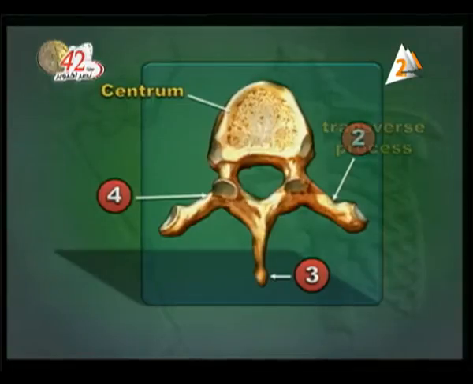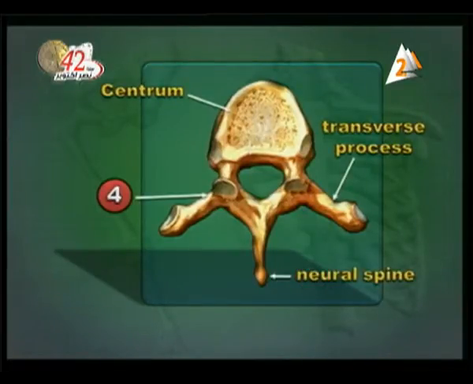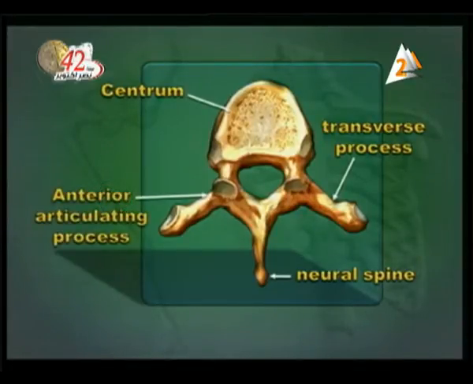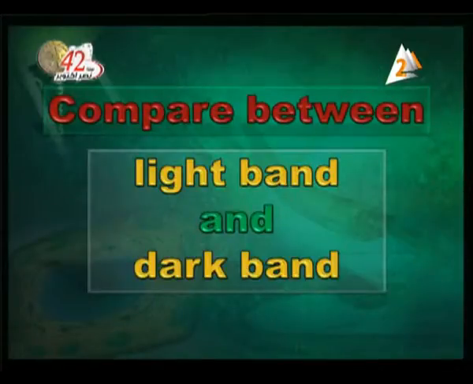Number 2, as you see, two transverse processes. And also number 3 is neural spine. At last, number 4, anterior and posterior articulating processes.